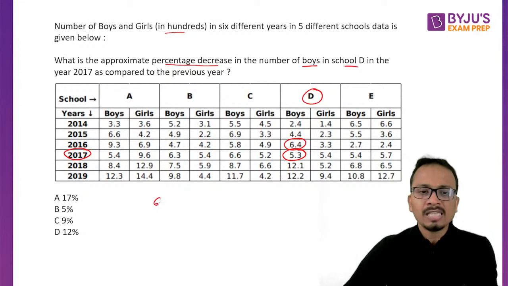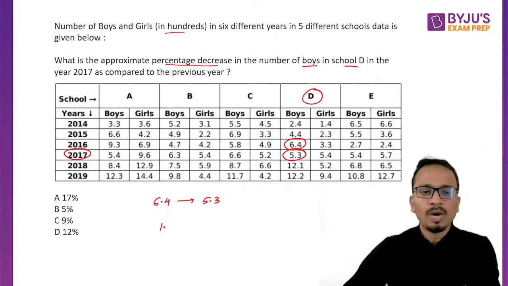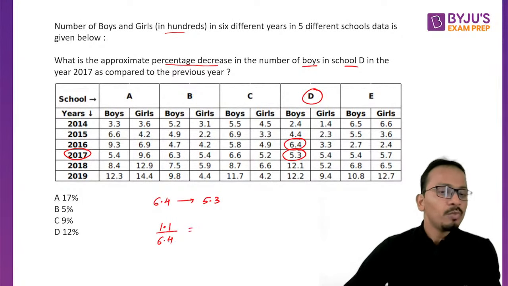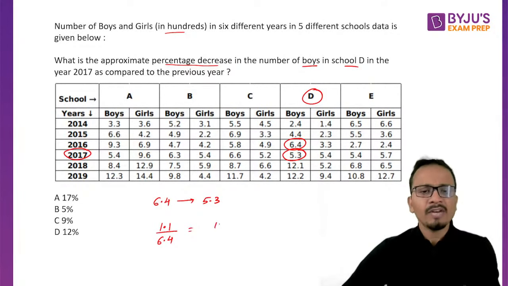So the value has decreased from 6.4 to 5.3. That means there is a decrease of 1.1 over the initial value of 6.4. I can write it as 11 upon 64.